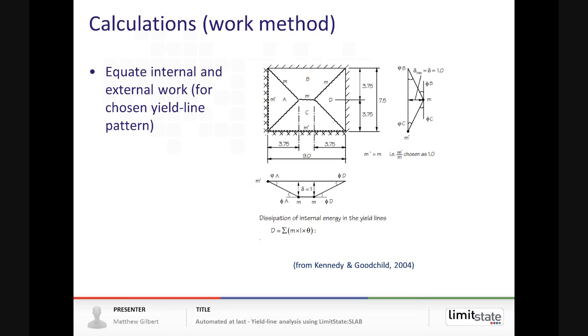So in other words, we choose a yield line pattern, we do the calculations, and then we might, depending on the particular problem, try one or more other yield line patterns to check that we've actually found the critical one. If we don't find a critical one, then we end up with an upper bound solution, i.e. an unconservative indication of the true capacity of the slab.